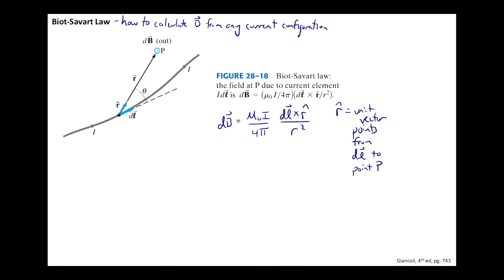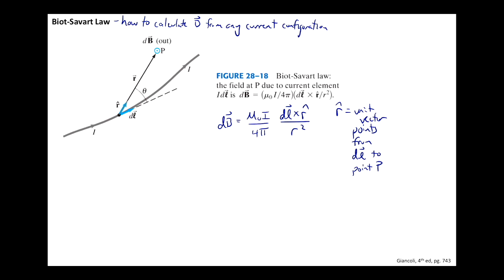So if we have a bit of current that's passing in this little piece of wire, notice from that point out to point P, our r hat unit vector points. So it's basically just saying, here I am at the current, I want to find the magnetic field over there. It's just a pointer vector to give you some information about an angle between the direction of the current and where you want to find the magnetic field.